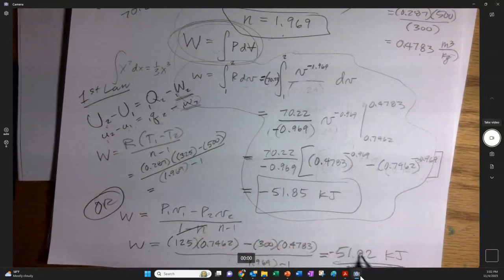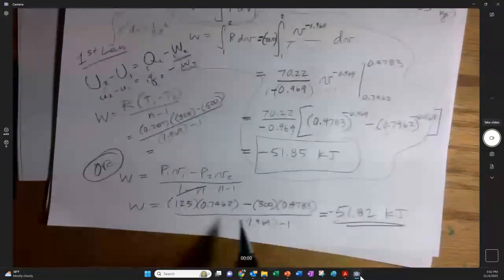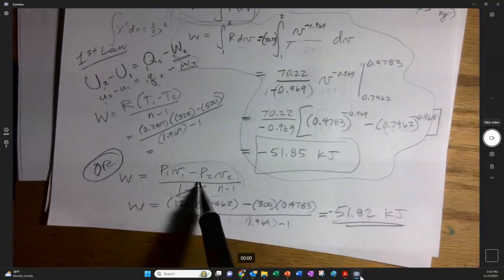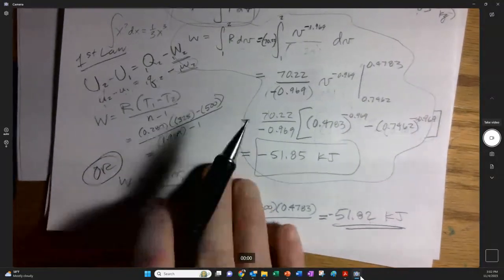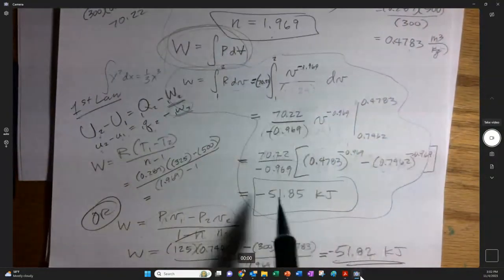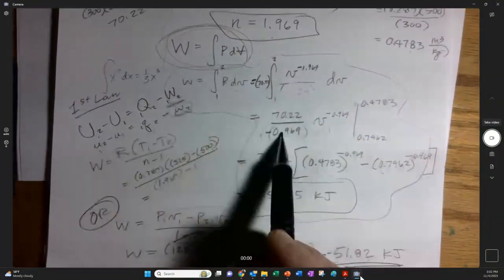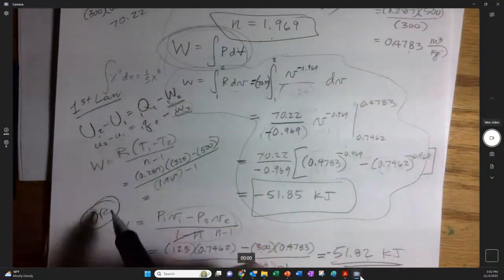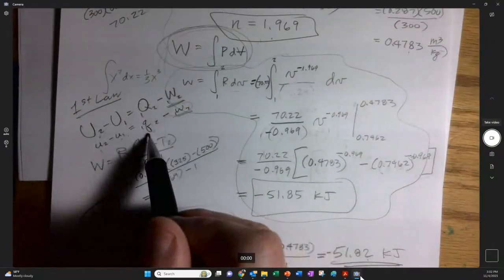And I would expect you to use this equation for a polytropic process and not waste your time doing this, because this did take me some time. But I might ask a question along those lines.